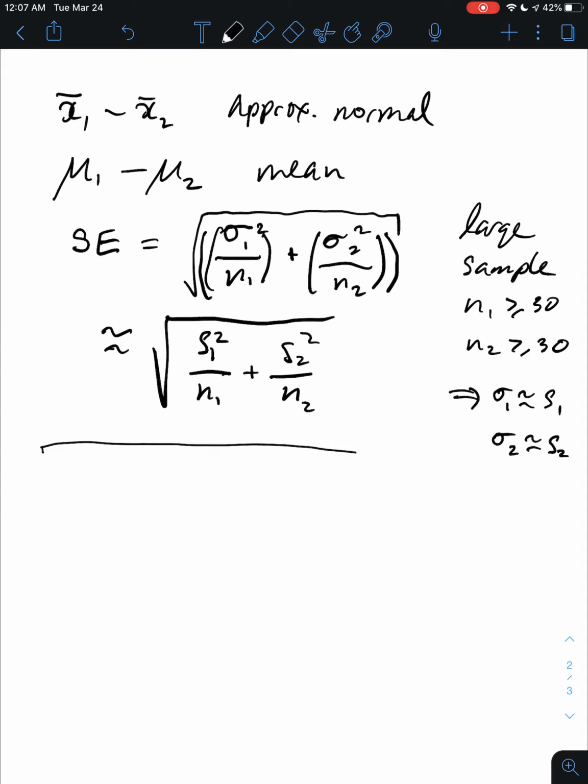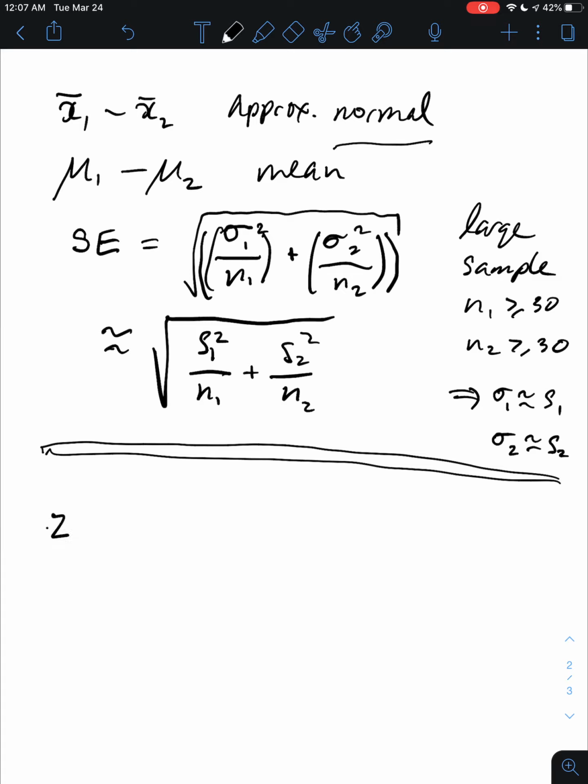The next thing we're going to talk about is standardizing this distribution. So this is a normal distribution, which means it can be standardized. And the usual process for standardization applies.